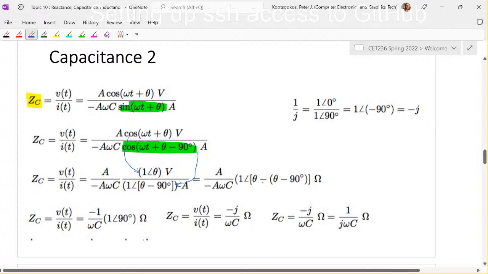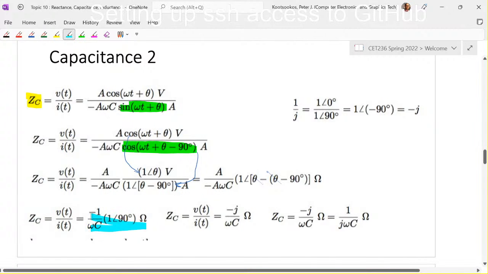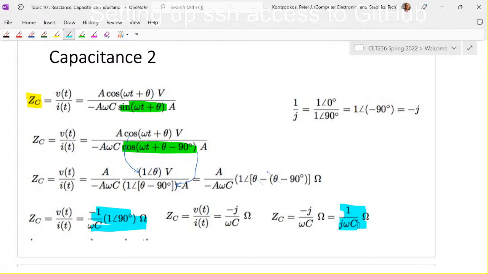Because the two thetas cancel out, and the negatives cancel out. Let's go with blue. So we're just left with this, or eventually 1 on j omega C. So that gets our impedance of a capacitor.